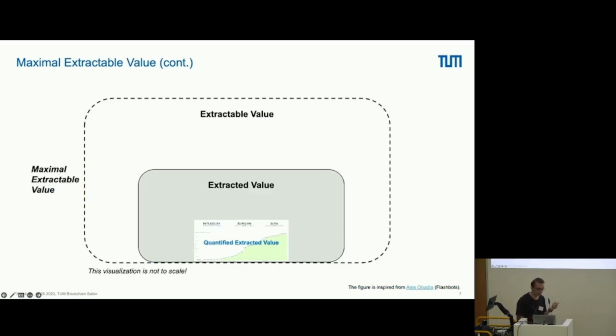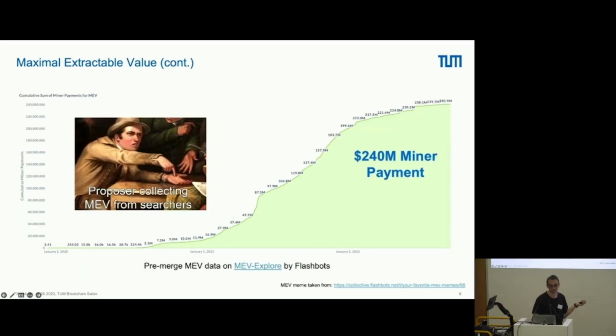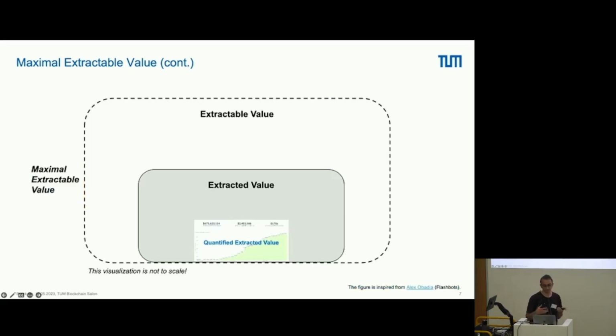And one thing we have to consider about MEV is that the value we have quantified here is just value we quantified because we defined some heuristics and checked certain protocols. But the heuristics don't tell the whole picture, so there is extracted value that we haven't quantified yet.